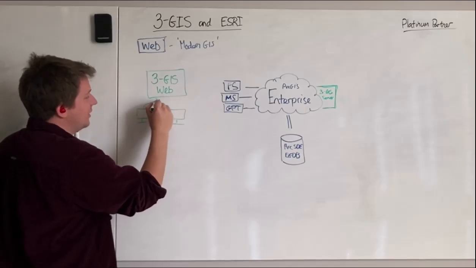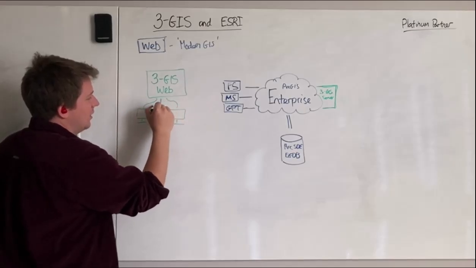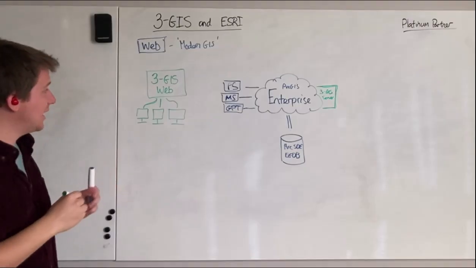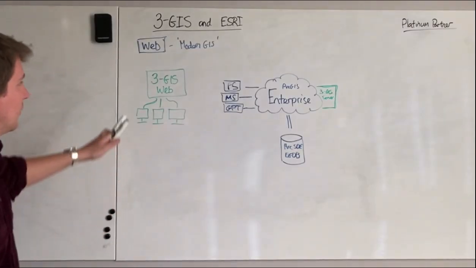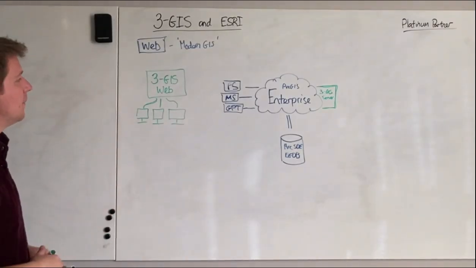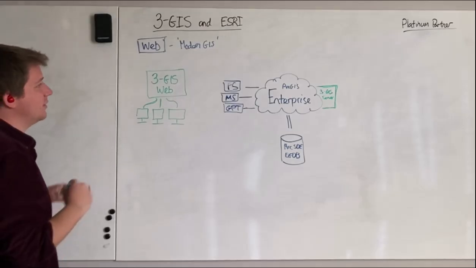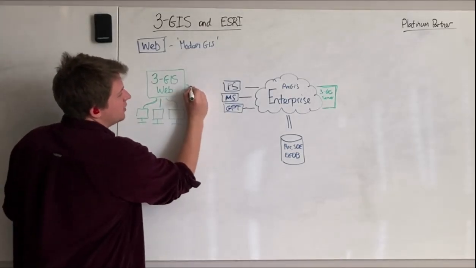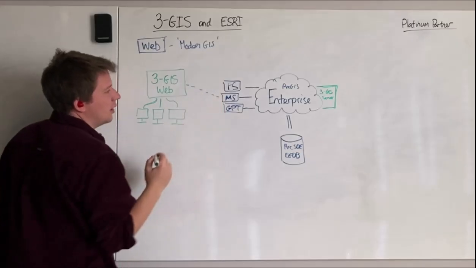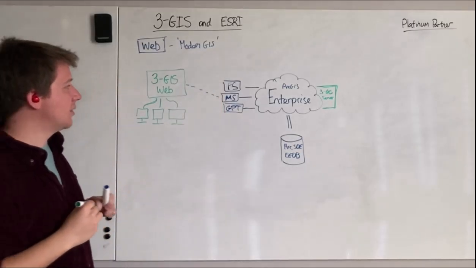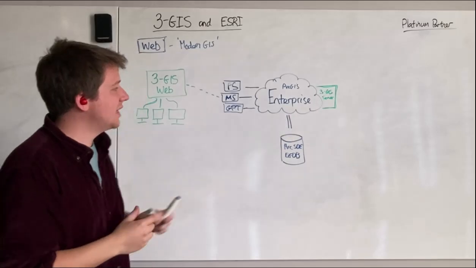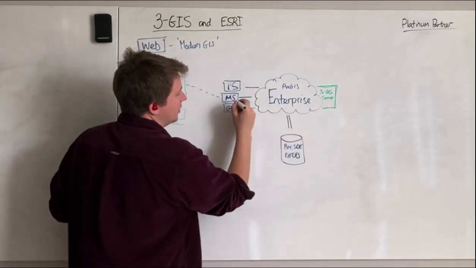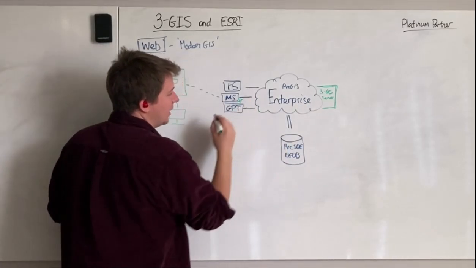That's how the end users are getting to it, but it's a web-based solution. Now this GIS web reads a map service from ArcGIS Enterprise, and that map service has to have this enabled. So I've just put a little box here and tick it.